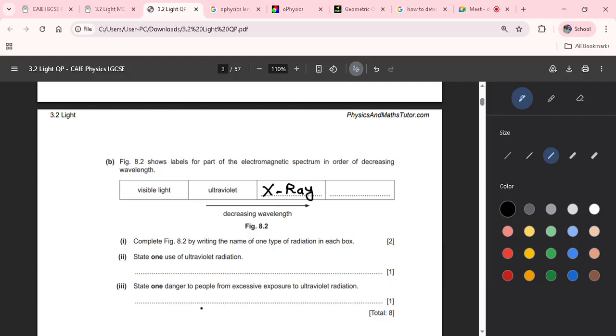So you can write gamma rays. So from visible light to gamma rays, the wavelength is decreasing but increasing in frequency.